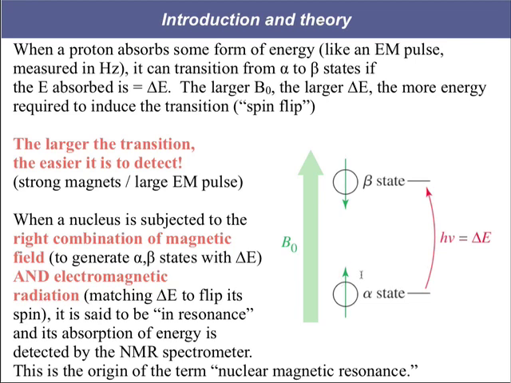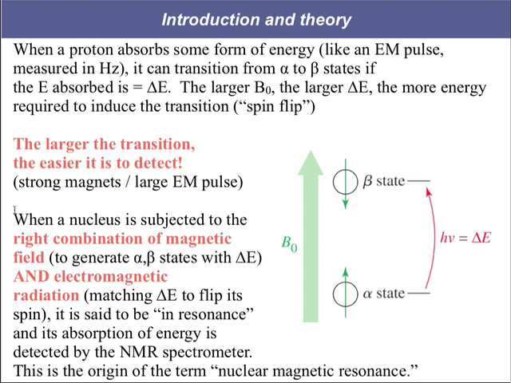Then what we can do is bombard our sample with electromagnetic pulses of different energies, and the appropriate energies will get absorbed so that these states can flip. We can transition from the alpha state to the beta state. Then we can look at what energies were absorbed and infer from that what the magnetic environment is around our nuclei.